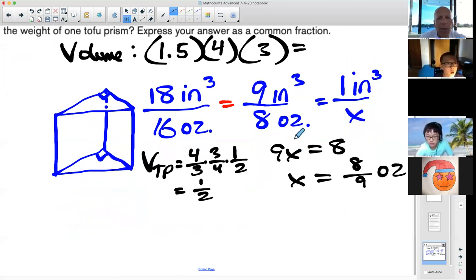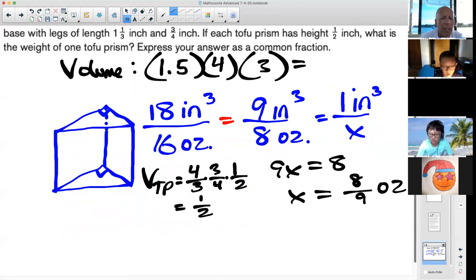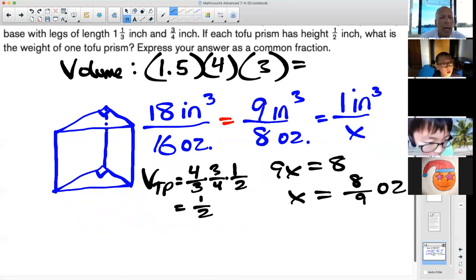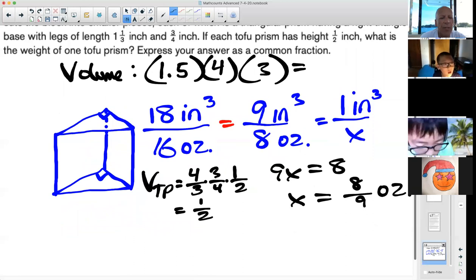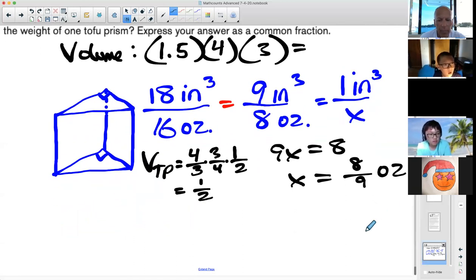Yeah, but the other thing to think about, guys, is how many of these triangular prisms are we working with here? 72. Yeah, 72.